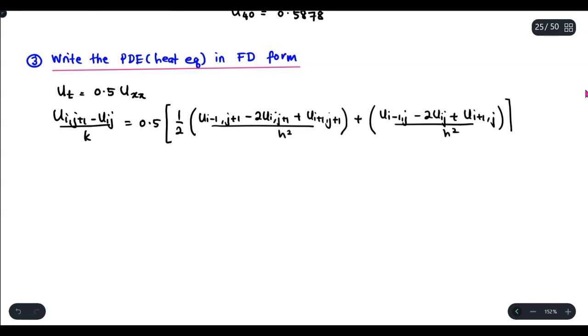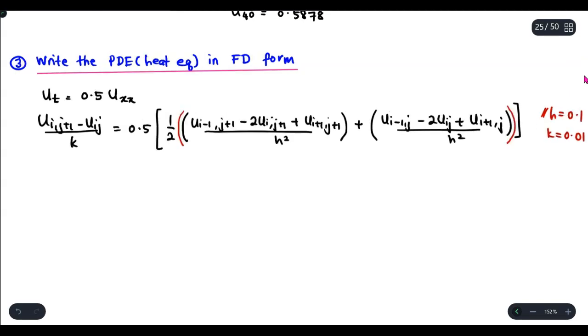Now we can simplify further, because we know our h and k. Our h is 0.1, k is 0.01. So now what do we have?